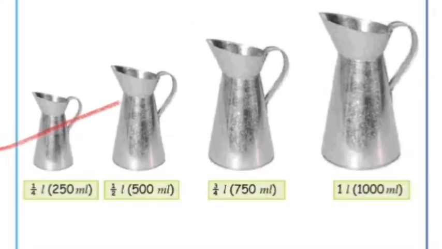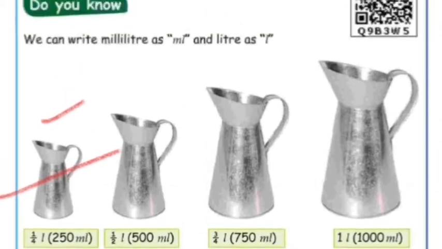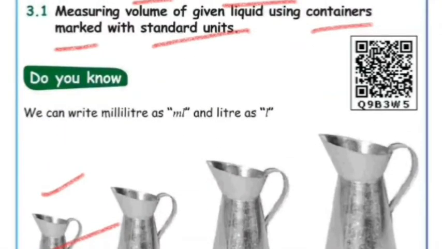For example, just observe here, this is a quarter liter. This container means 250 ml. But before that we should understand how we denote milliliters and liters to measure our volume. Here we can write milliliter.